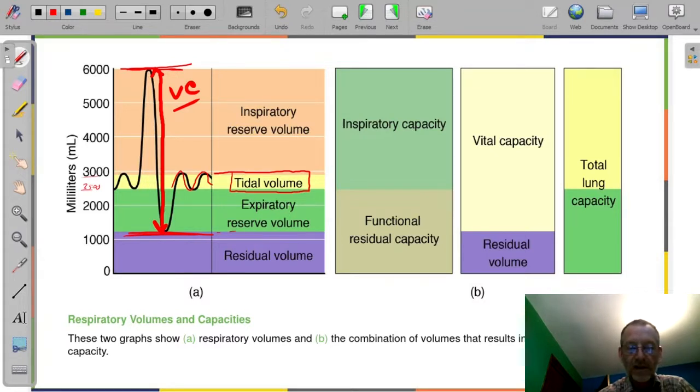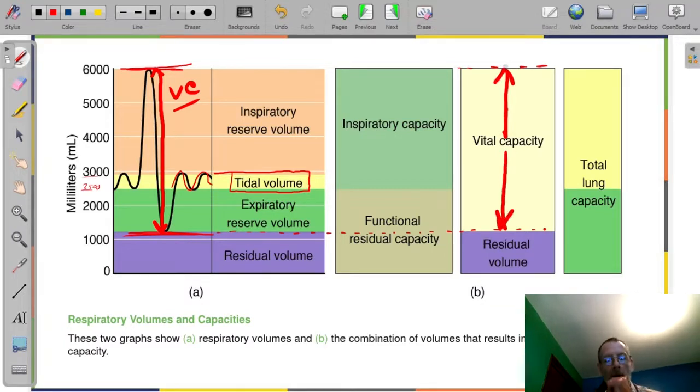And that just sort of maps over to the third panel. So there's that vital capacity again. Okay, then you just break down the other volumes.